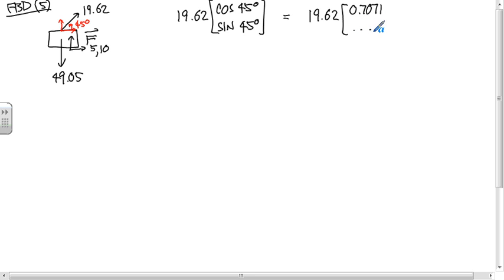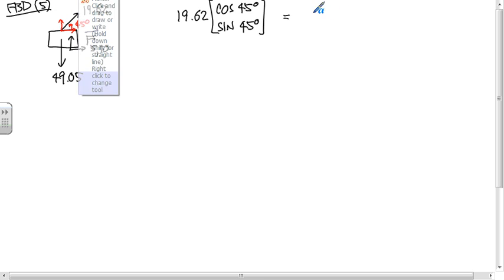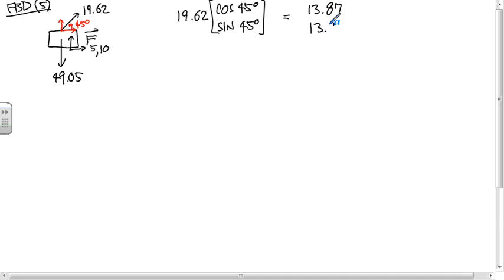Okay. So 13.87, 13.87. If you calculated the magnitude of this vector, what would it be? Do it in your head. This squared plus this squared, square root. Yeah, 19.62, right.